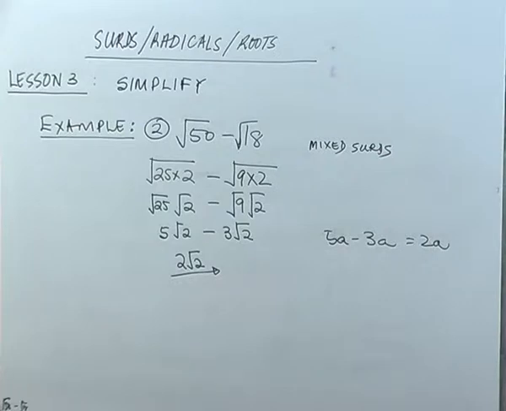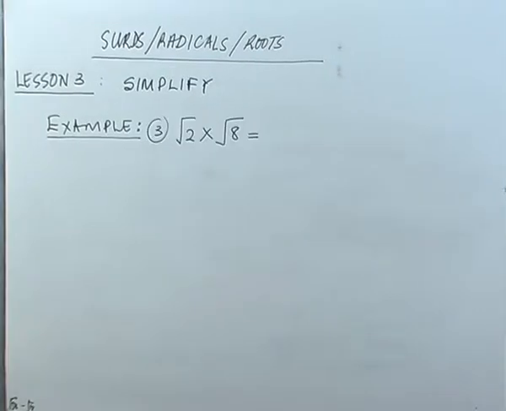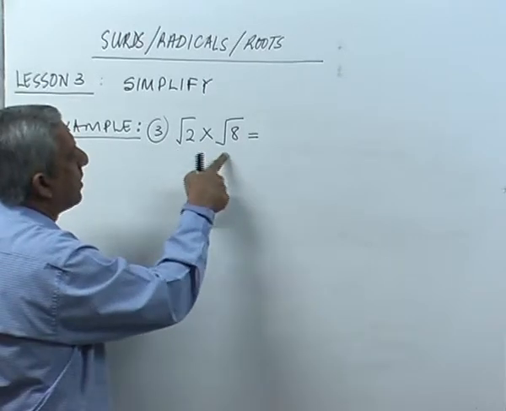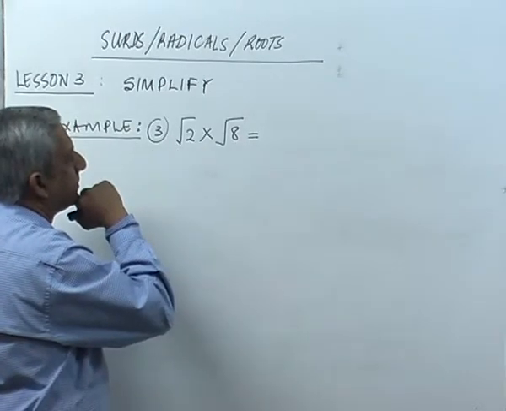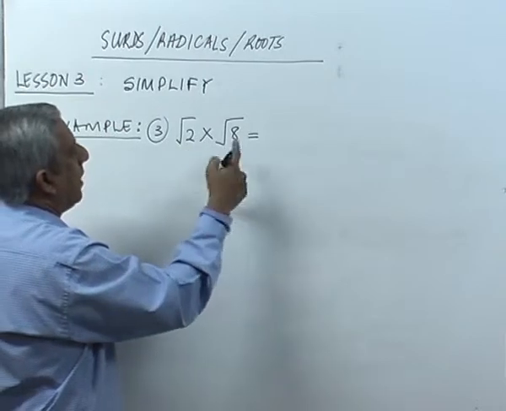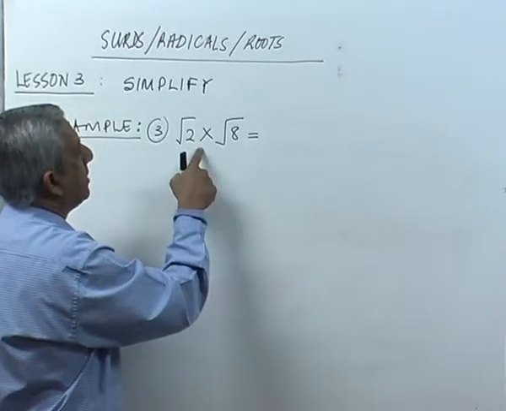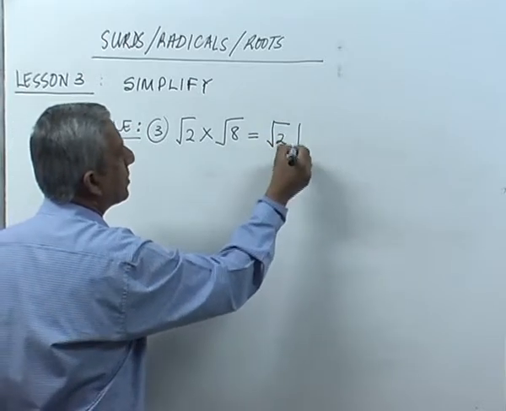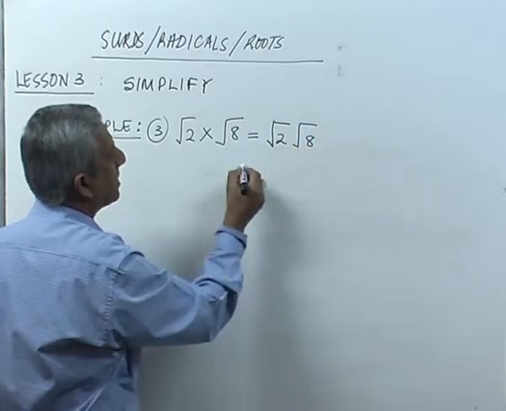Let's do number 3. Alright, so this one is square root of 2 times square root of 8. Well, if you want, you can write them without the multiplication sign. So you got root 2, root 8.